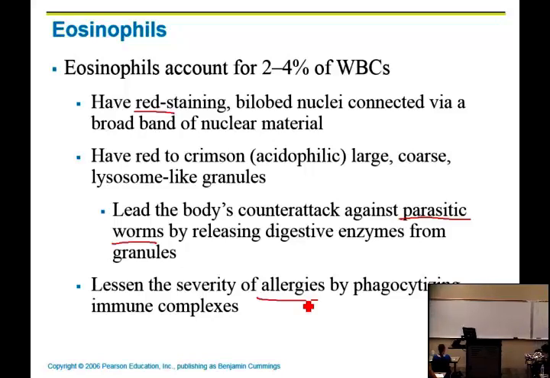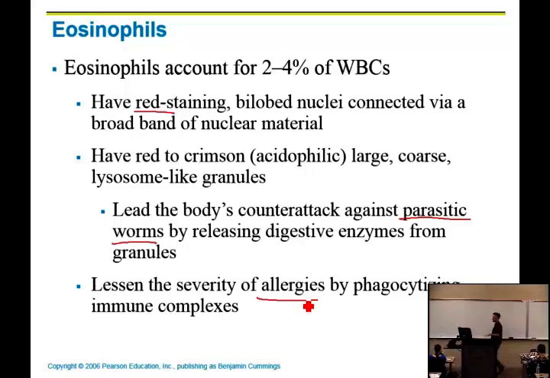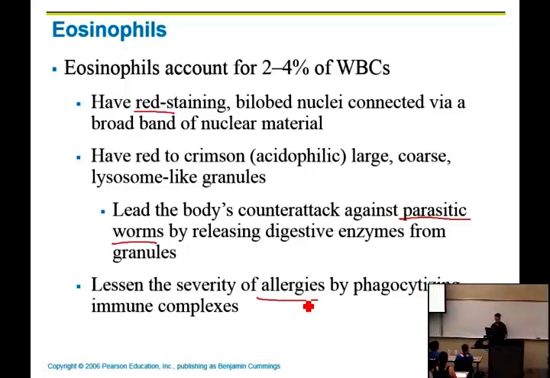And eosinophils will actually get rid of some of the molecules associated with immune responses, with swelling and that type of thing. And so if it starts to get too swollen and too inflamed, there'll be a release of or a taking up of some of these immune chemicals and proteins to keep that from going out of control. So sometimes you'll see eosinophil levels be higher in a blood cell count associated with allergies as well.